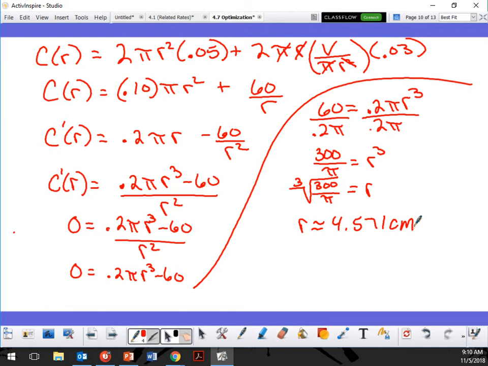Okay, so now let's start off with the values. I now have maximized or minimized this for my r value. So let's take a look. For my r, let's go back a page. r is 4.571.